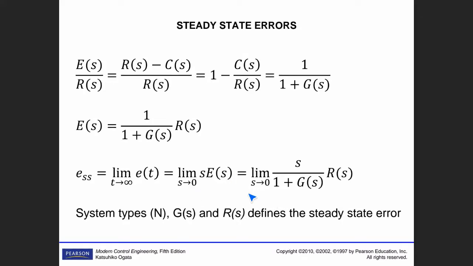Then it's equal to the limit as s goes to 0 of s over 1 plus G(s) times R(s). R(s) might be step. So this chapter is generalizing the error. So R(s) might be step, R(s) might be ramp, R(s) also might be parabolic.